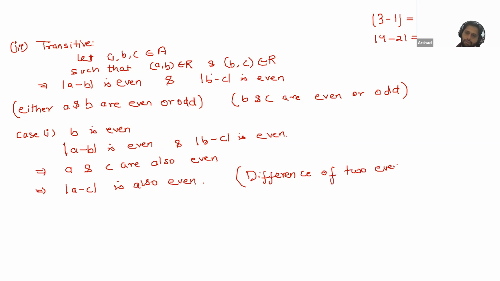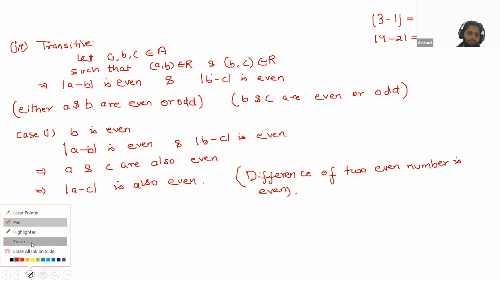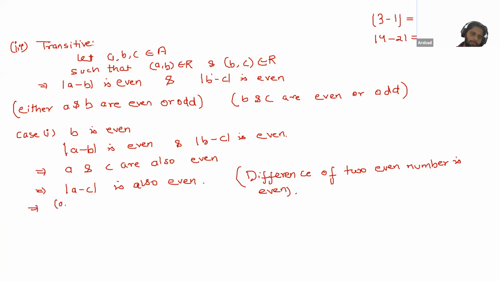So this implies A comma C belongs to relation R.